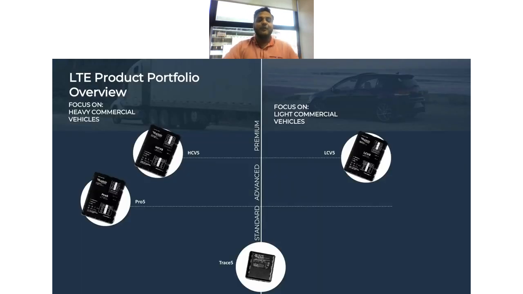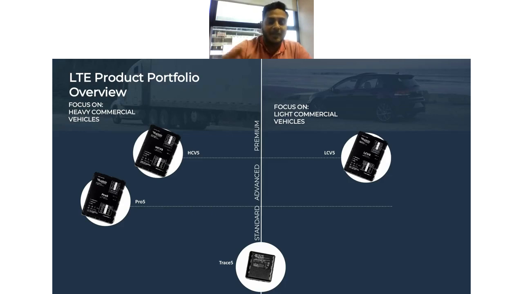Now, coming to the portfolio, this is the main topic of the day, which is the LTE product portfolio. You have HCV5, which is almost at the premium level, and LCV5. We have advanced devices like Pro 5, and the basic standard device for now is Trace 5.